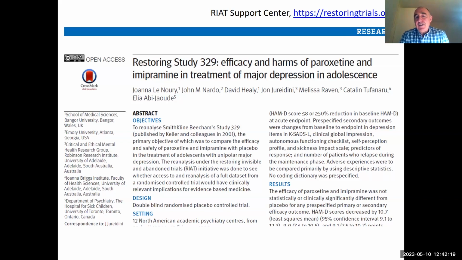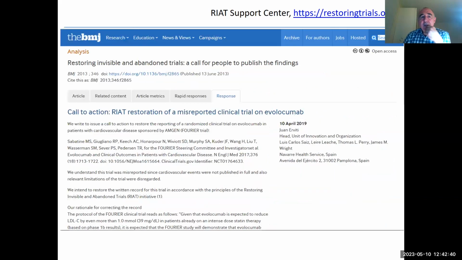But when these authors went through the clinical study report, they could see that these drugs were not safe nor effective for depression in adolescents. And this was published in the British Medical Journal. And in this very same journal, we published the call to action just to let people know that we wanted to restore a misreported trial on evolocumab.